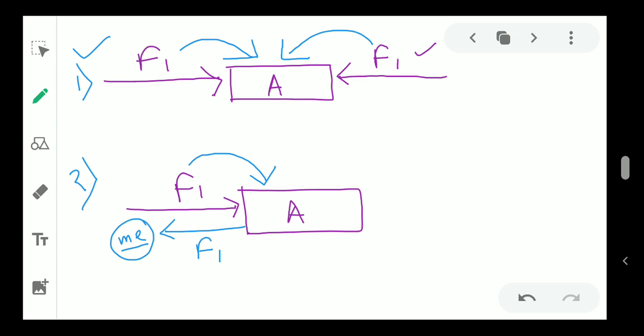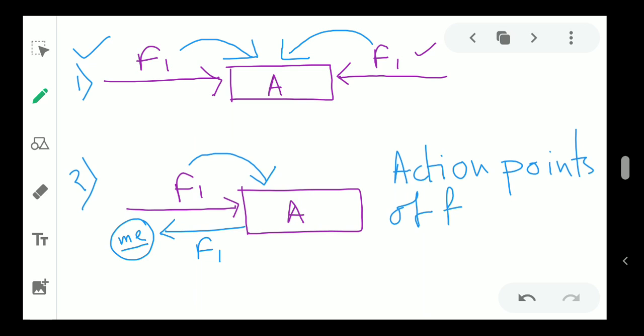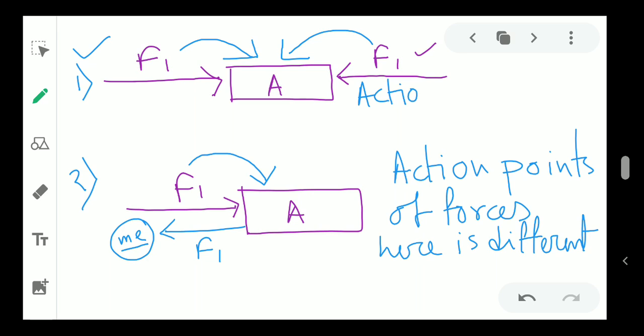So the action points of the forces are different here, whereas the action point is the same in the first case, and that is this block.